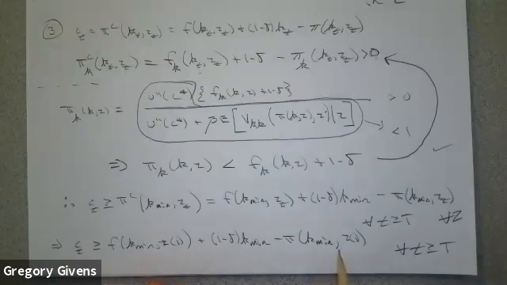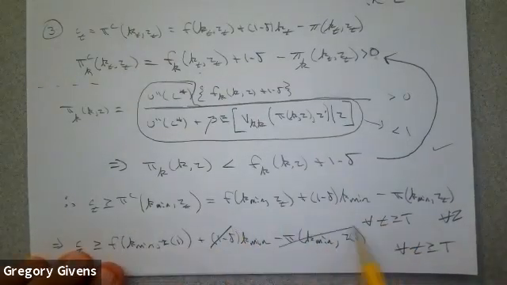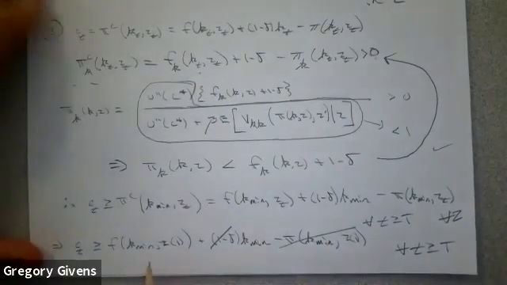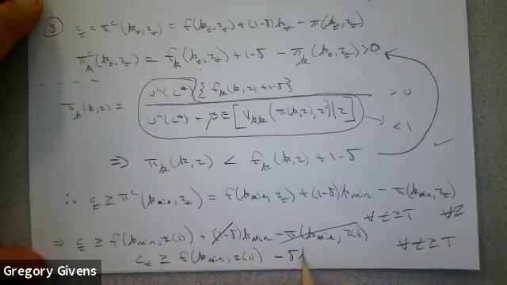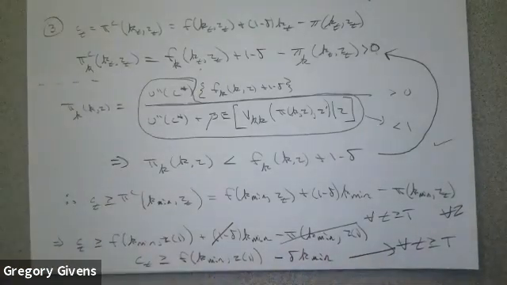Well, what is pi of k min, z1 equal to? That's just equal to k min. So this cancels with this, which means that C_T must be bigger than or equal to f of k min, z1, minus delta k min, for all t bigger than or equal to capital T.